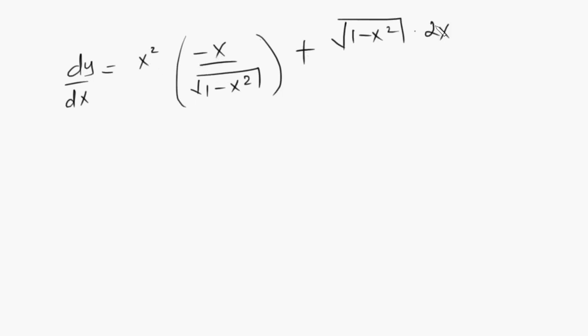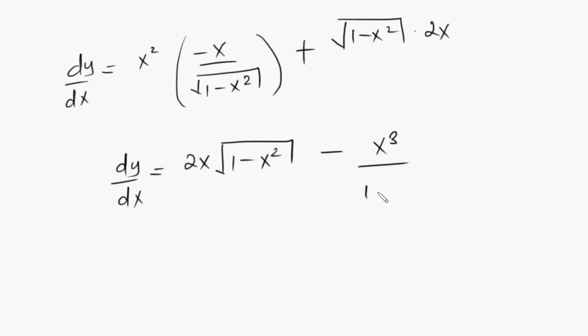There's a negative here, so let me keep the positive first. So dy/dx is equal to 2x times the square root of 1 minus x squared, minus x cubed over the square root of 1 minus x squared, because x times x squared is x cubed. This negative brings a minus. So this is the derivative of y with respect to x when y equals x squared times the square root of 1 minus x squared.